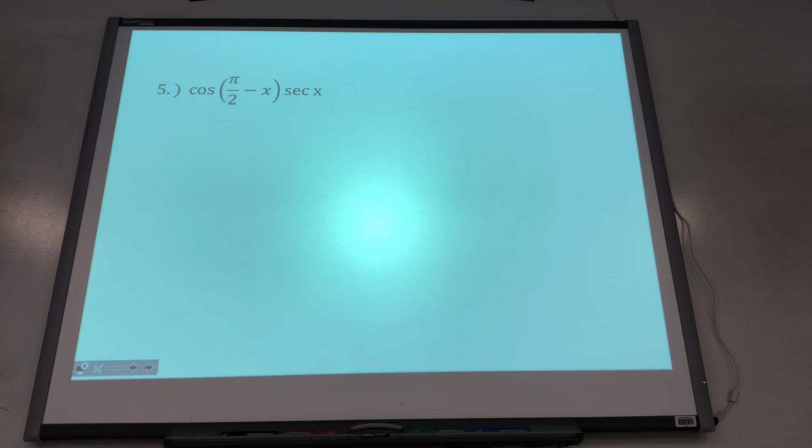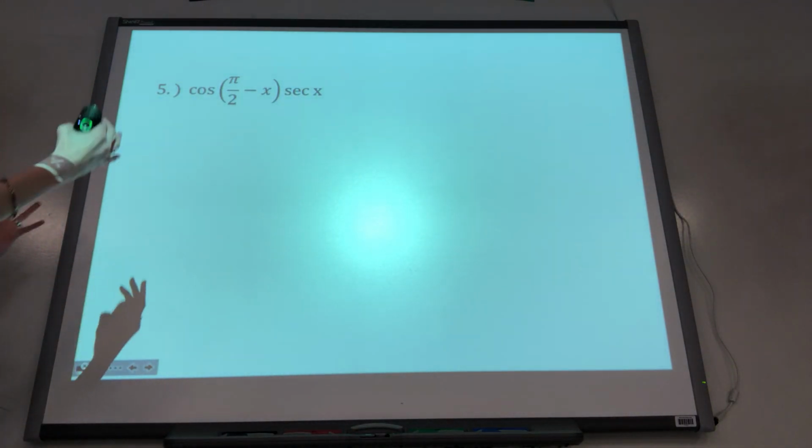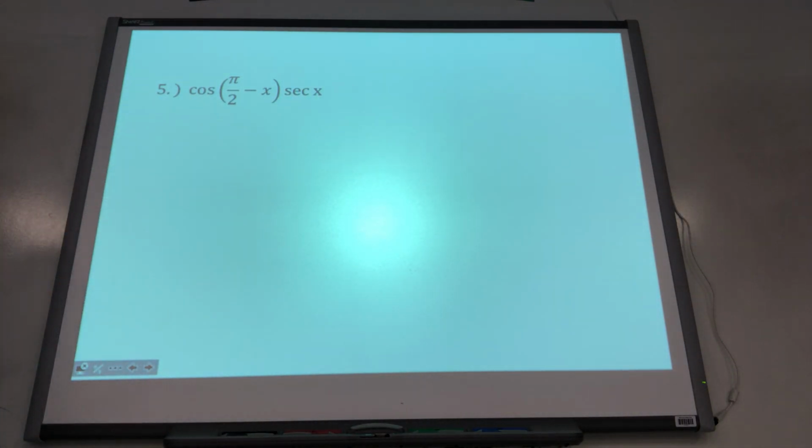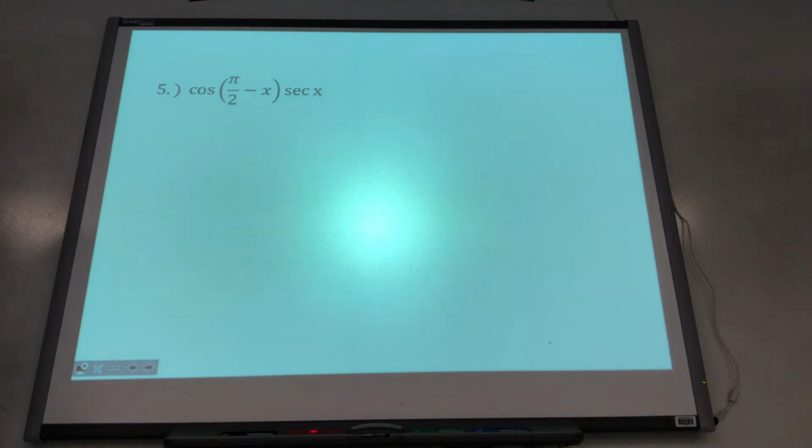So number 5, cosine of pi over 2 minus x times secant of x. I say times because, again, those two functions are right next to each other, so that means multiply.